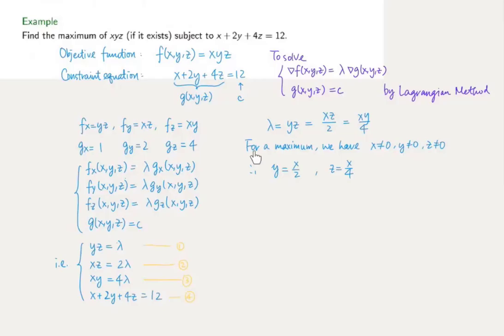Therefore, we can assume that for a maximum to occur, none of x, y, z should be 0.